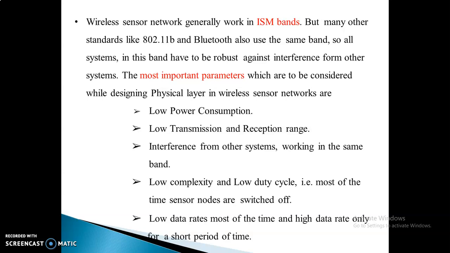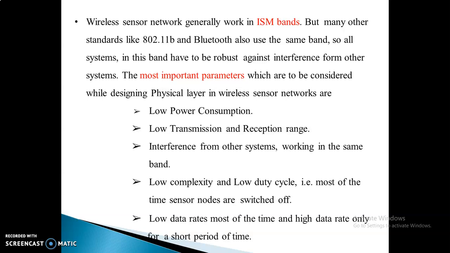There are a few important characteristics to consider while designing the physical layer. Before that, we should know what frequency allocation is. It is generally about practical wireless RF-based systems, where RF means radio frequency. The carrier frequency has to be chosen very correctly.